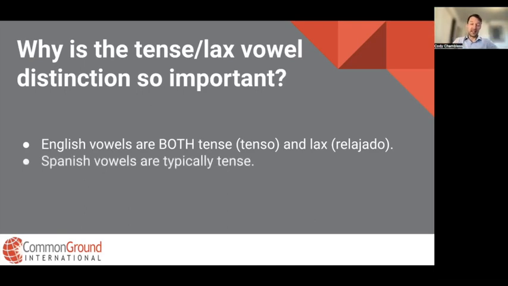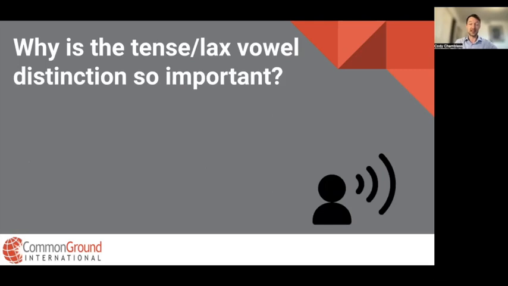However, in Spanish, vowels are typically tense. So Spanish speakers might be more likely to use tense sounds when they're supposed to use lax sounds. So thinking about this tense-lax distinction is very important for language learners, especially English language learners.